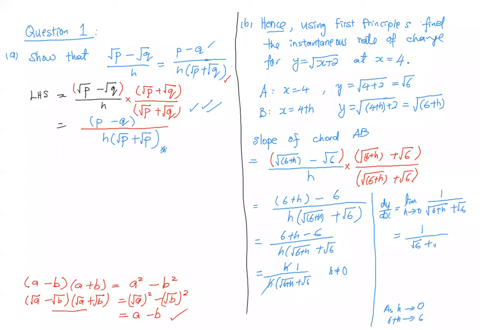Can you tell me square root 6 plus square root 6 is how many square root 6? 2. And I said the best is to write the answer like that. Am I right? Anyone have issue from this step to this step?